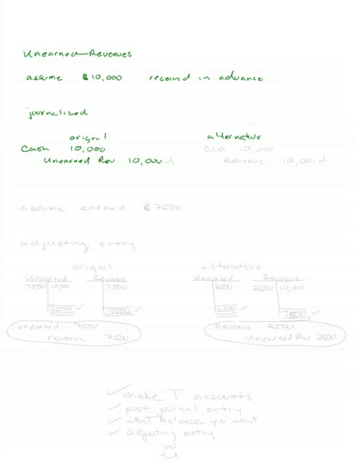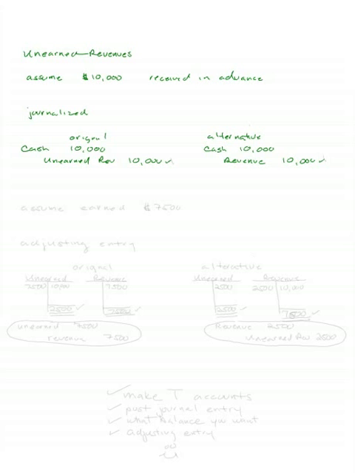Alternatively, you could have received the cash, because you received the cash either way, and put it in a revenue account. So one method put it on the balance sheet as a liability, and the other method put it on the income statement as revenue.